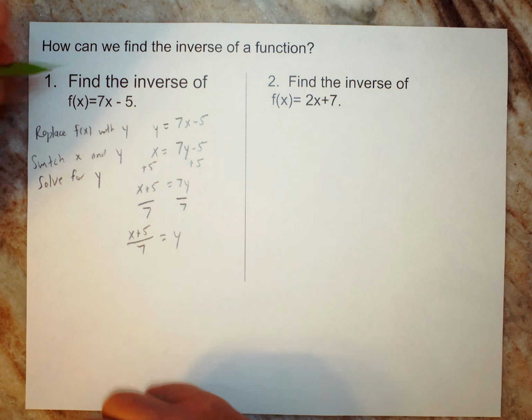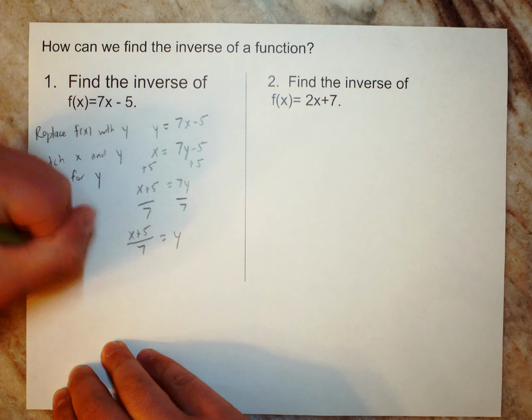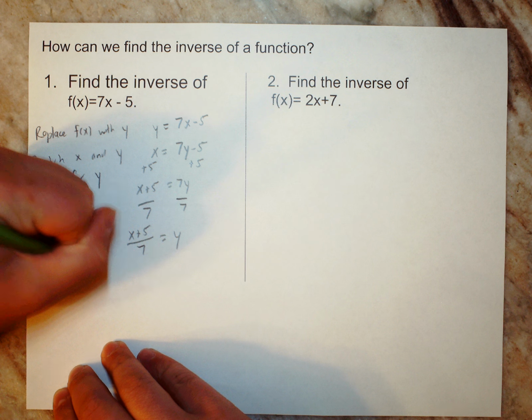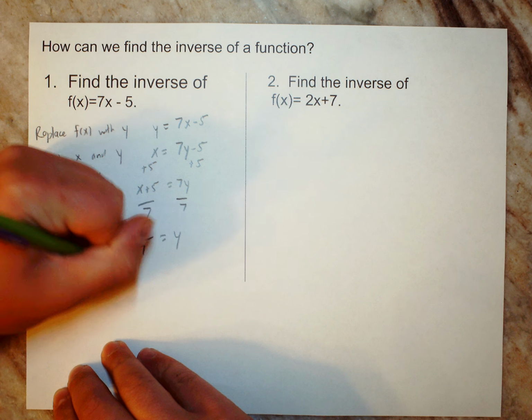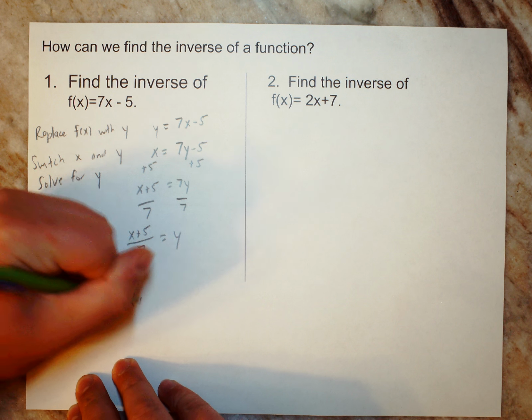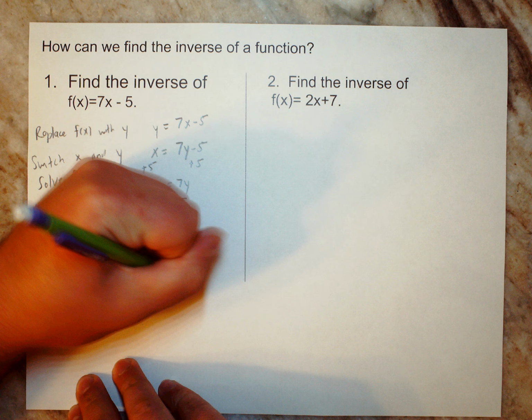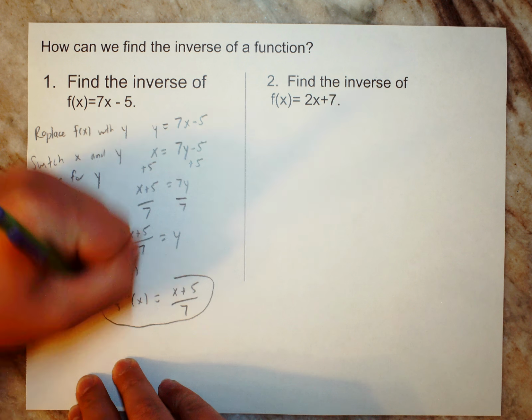Now it is solved for y. So the last step is to replace y with f inverse. So the final answer is f inverse equals x plus 5 over 7.